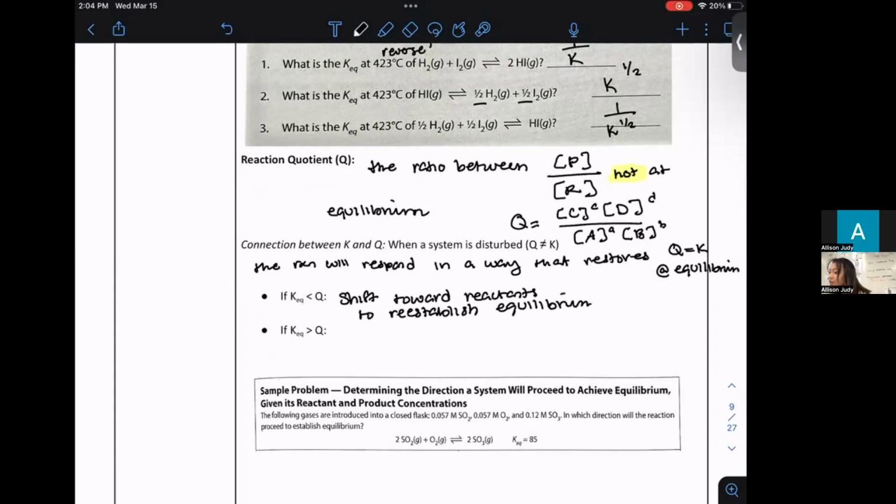If K is greater than Q, that means there's way more product that needs to still be formed compared to what is currently formed. So you would say that we would shift toward product to reestablish equilibrium, or to establish it. Maybe you haven't even gotten to equilibrium yet, right? Maybe this is just the beginning of your reaction.